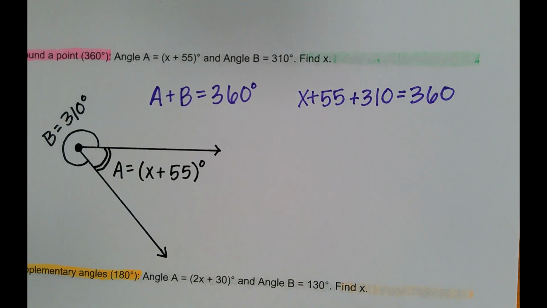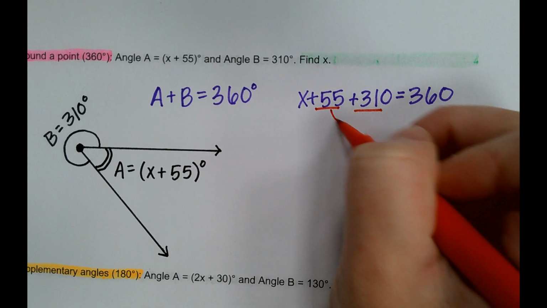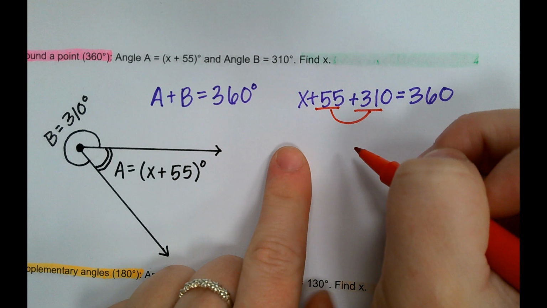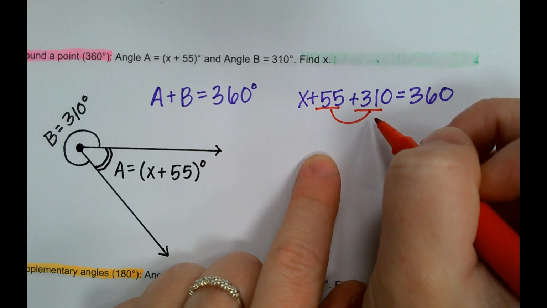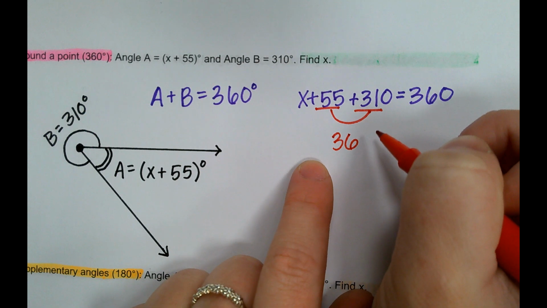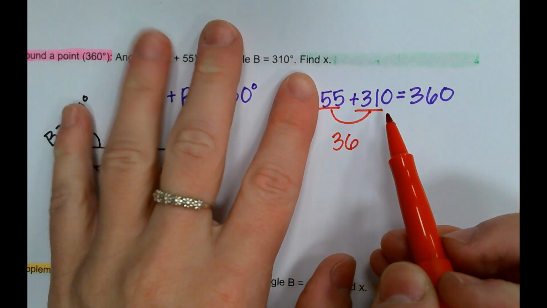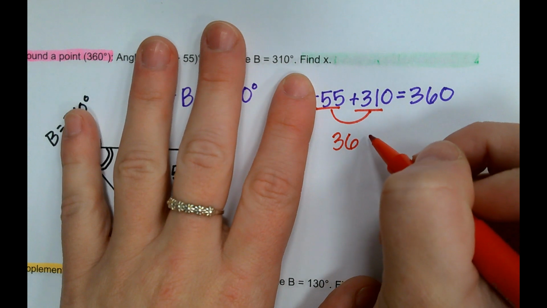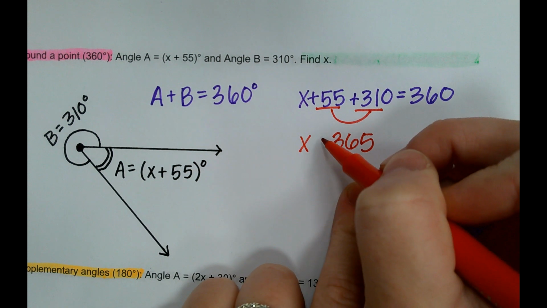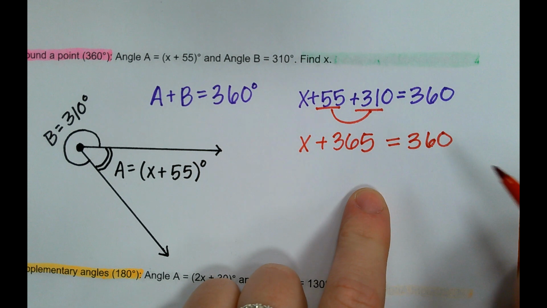Okay. Do we have any like terms that we can combine? What's 55 plus 310? 360. 360 what? x plus 2. Oh, yeah, 365. Perfect. So 365, and I'll bring down my x plus 365 equals 360.